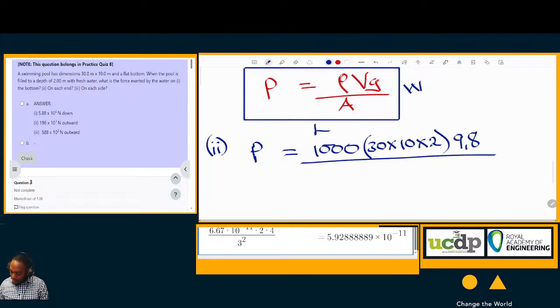Then your area of interest, now it's only your length and your width. Your width should be 10 multiplied by your length, which is 30. Let me know if you agree with what I'm doing.